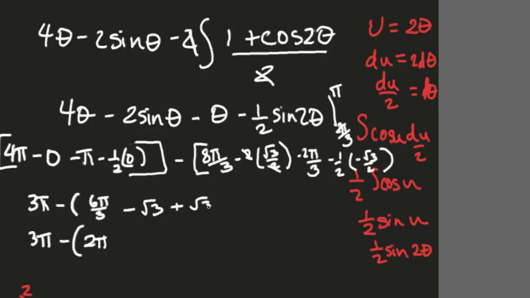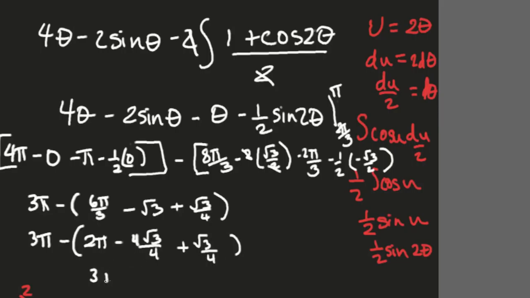You don't want to skip any steps, too many sources of error. And then here, the common denominator would be 4, sorry, root 3 over 4.